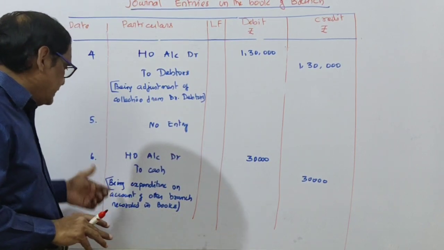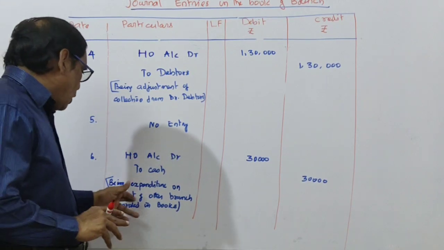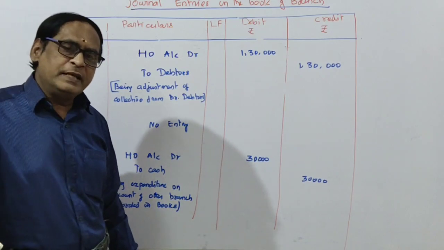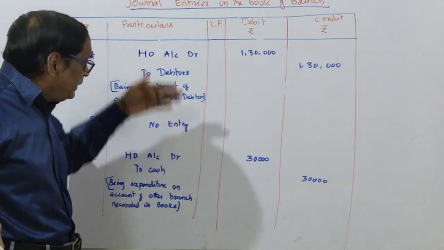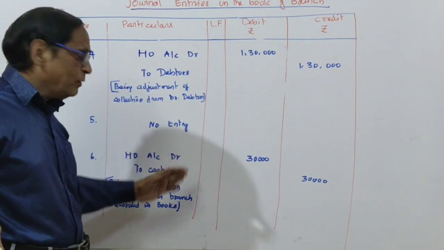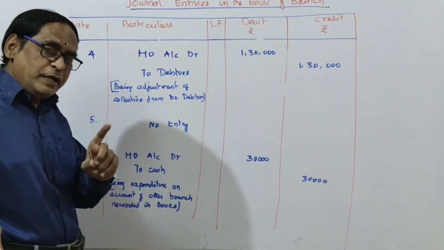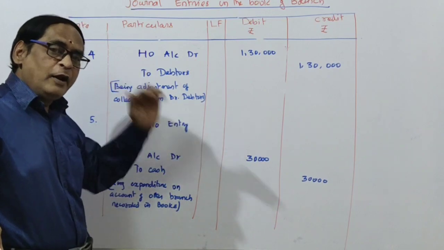And then the 6th transaction, the expenditure on account of other branches. Other branches means some advertisement expenses belonging to other branches, but which have been paid by our branch. So what will be the journal entry in our branch book? If there is any expenditure on other branches, it is supposed to be met out of the head office account.